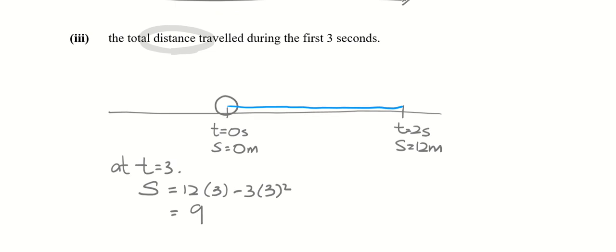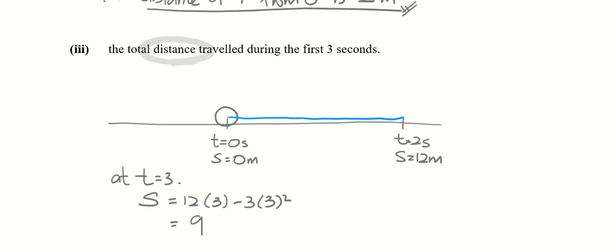Meaning, based on the diagram, at t equals 3 seconds the displacement equals 9 meters. So the particle is going to turn and then stop here. This is the stopping point.